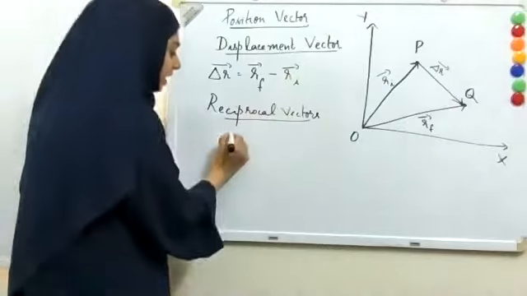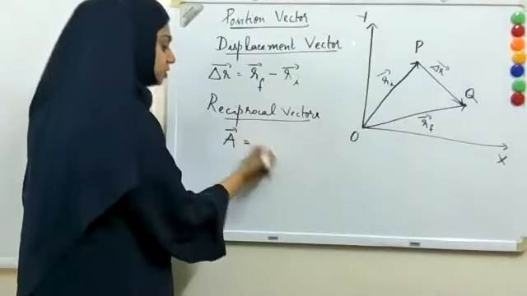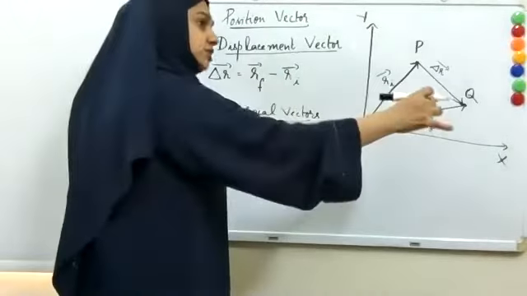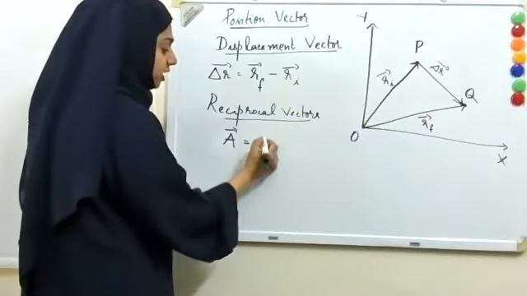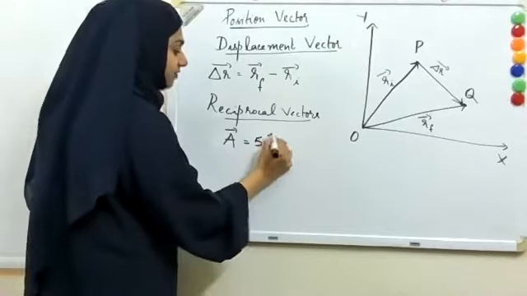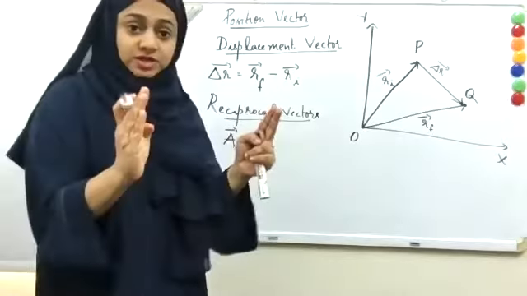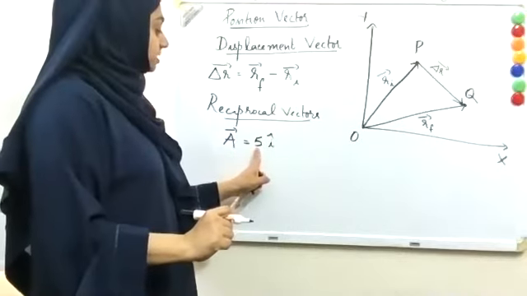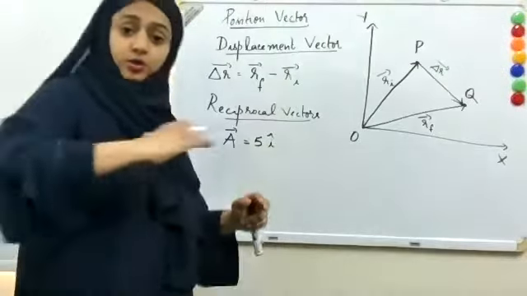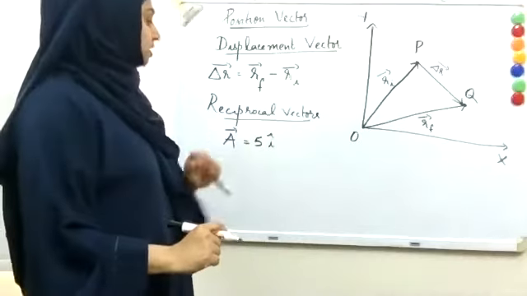For example, I have a vector A which is in the x direction, which lies along the x-axis, and I can write it as A is equal to phi i. Phi is the magnitude of the vector and it's along the x direction. So I have represented it as phi i, a horizontal direction. So this is a vector.